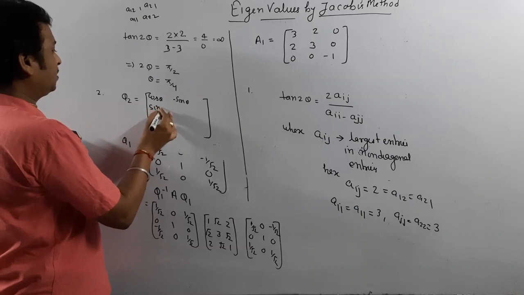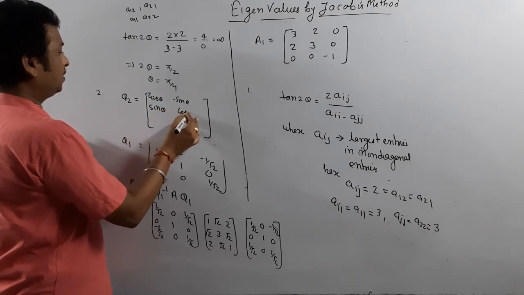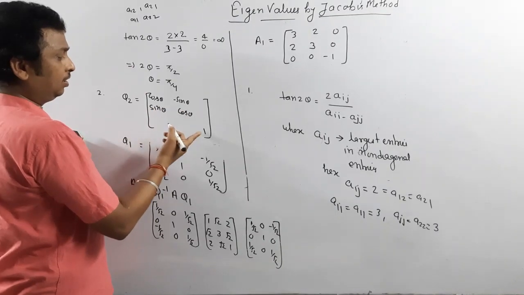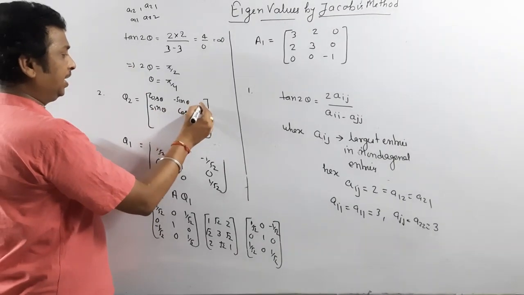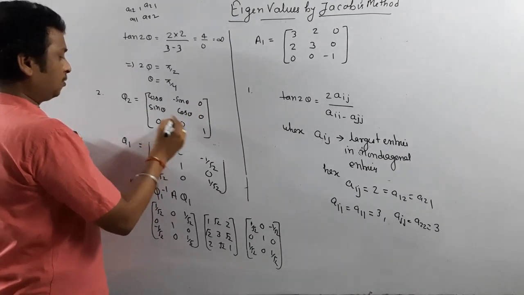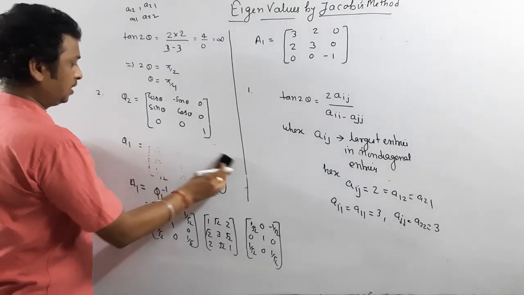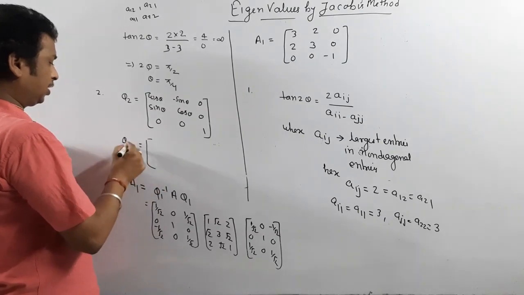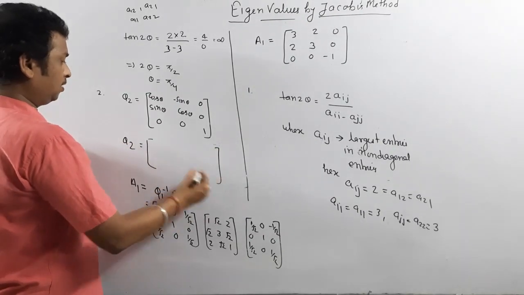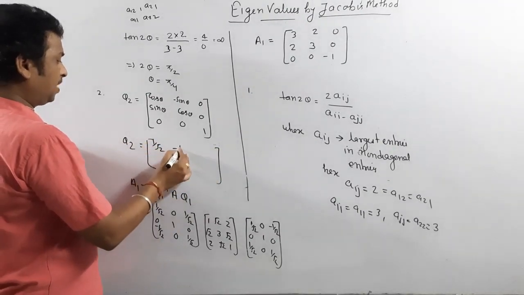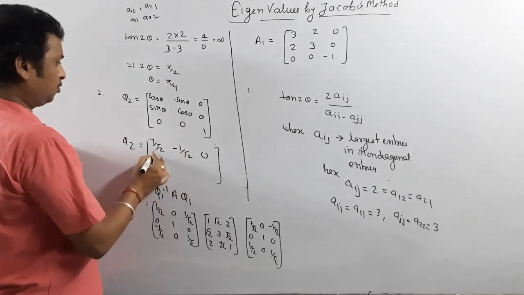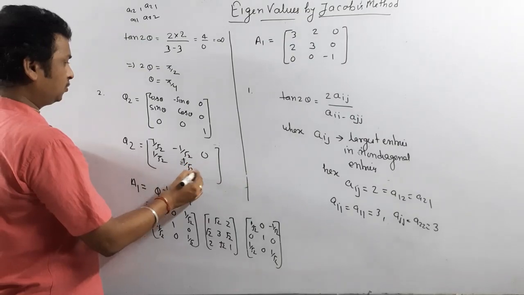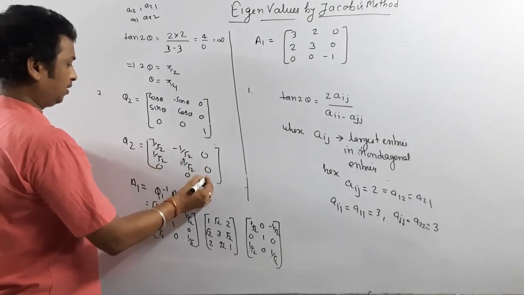Here sin theta, here cos theta. Then on the last diagonal we put 1, remaining all 0. Because theta is pi by 4, Q2 is 1 by root 2, minus 1 by root 2, 0, 1 by root 2, 1 by root 2, 0, 0, 0, 1.